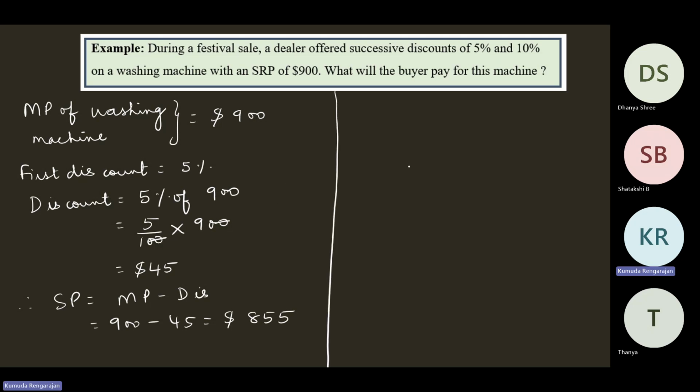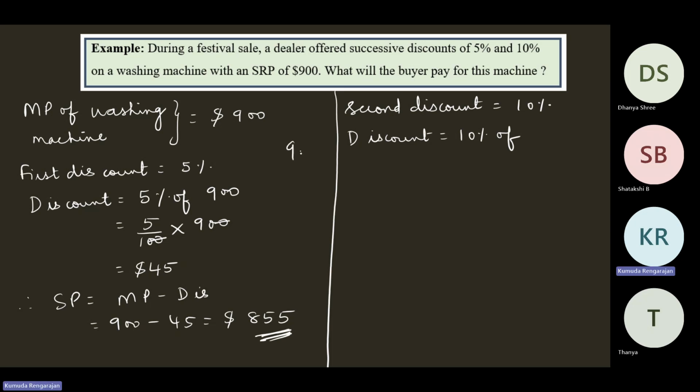Now this becomes the new marked price. You've got a discount of 5%, but he's further going to give you a discount of 10% on this one. Second discount is equal to 10%. So that discount will be 10% of this price, 855.